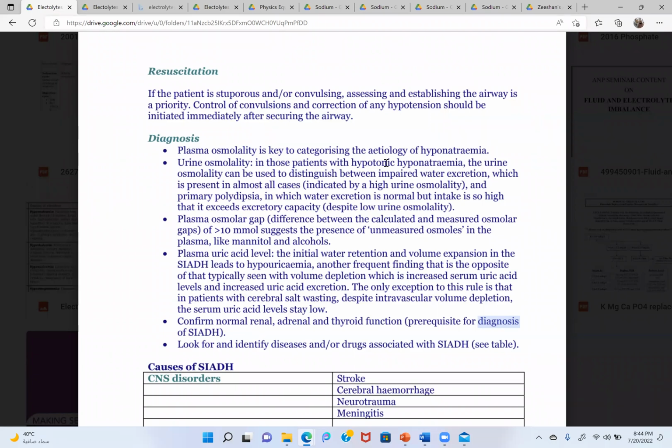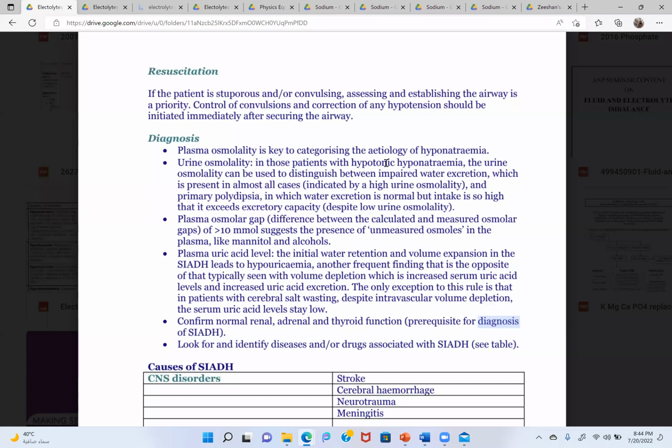So similarly, if urine osmolality is less, in those patients with hypotonic hyponatremia, the urine osmolality can be used to distinguish between impaired water excretion, which is present in almost all cases, indicated by a high urine osmolality, okay, and primary polydipsia, in which water excretion is normal, but intake is so high that it exceeds the excretory capacity, despite low urine osmolality.